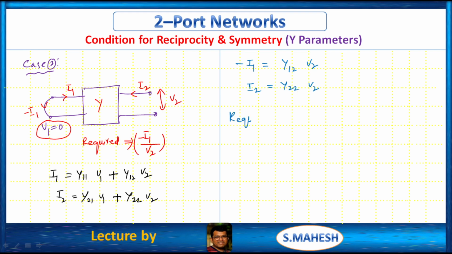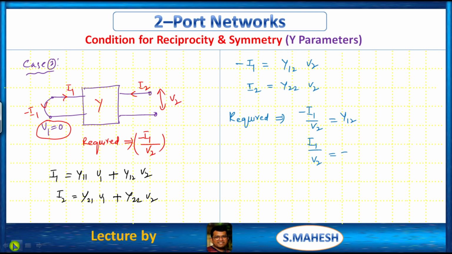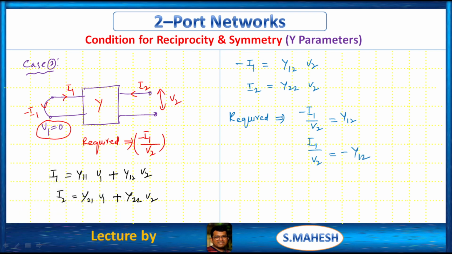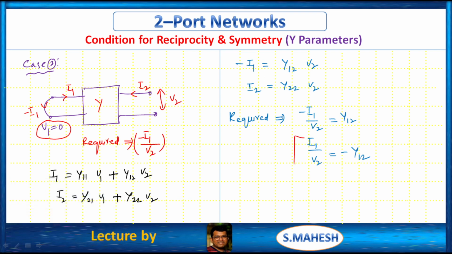Required is I1 by V2, therefore minus I1 by V2 is equal to Y12. From case 2, I1 by V2 is nothing but minus Y12.